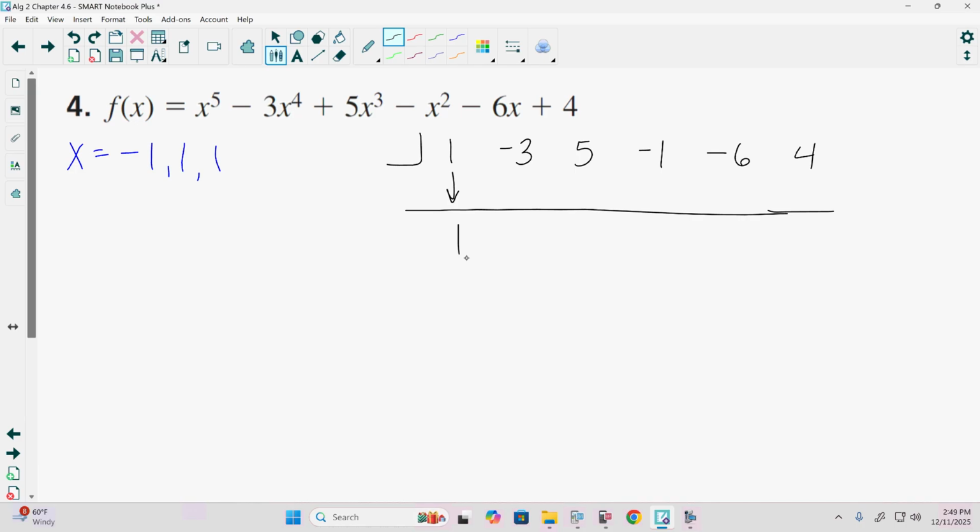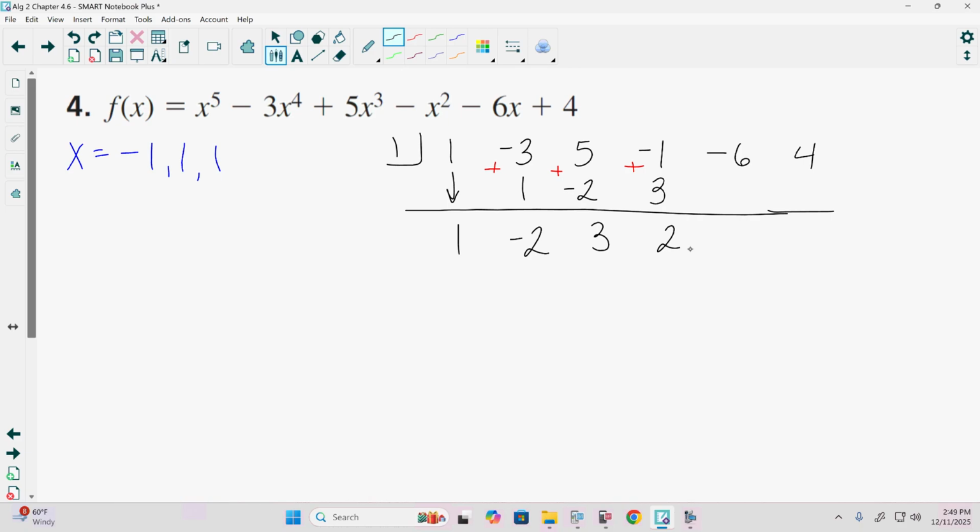Which solution do we want to try first? 1. 1 times 1 is? -3 plus 1 is? Almost. Yeah. -2. 1 times -2 is -2. 5 plus -2. 5 minus 2 is 3. 1 times 3. -1 plus 3.